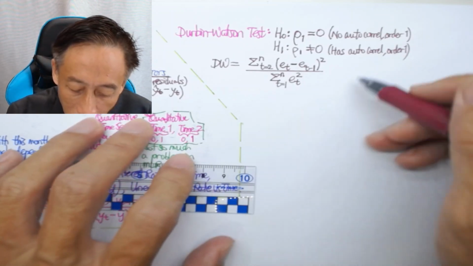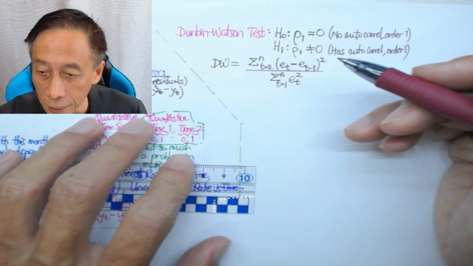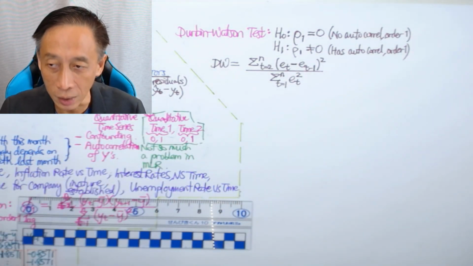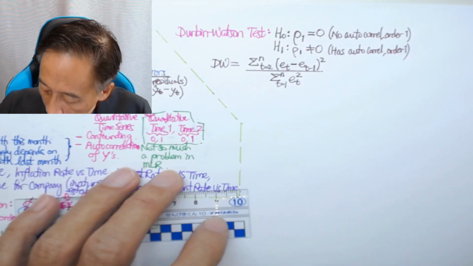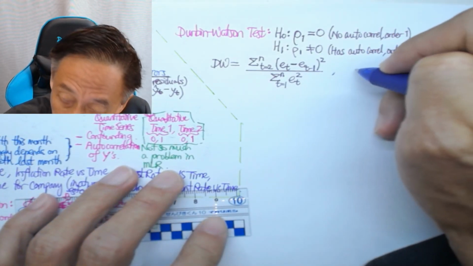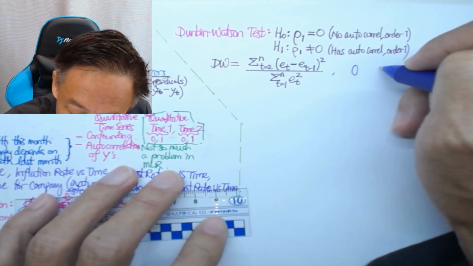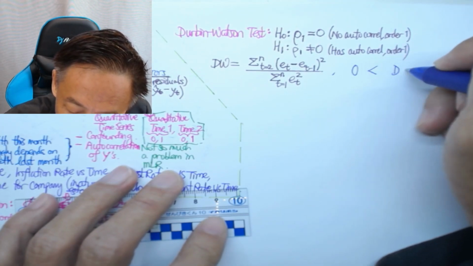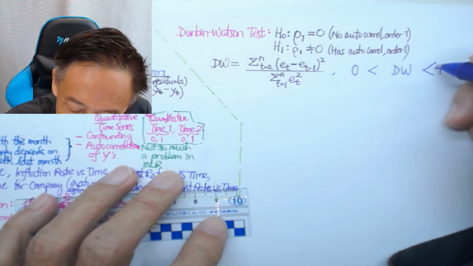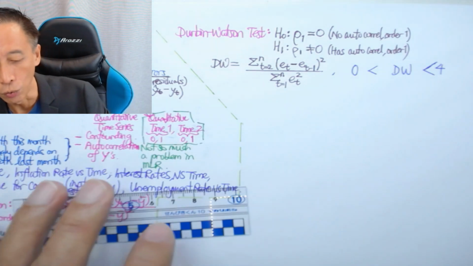And once we calculate this test statistic, then we will be able to obtain a number, right? So this number is between 0 and 4. And I purposely stretch it out. Okay, 0 to 4.